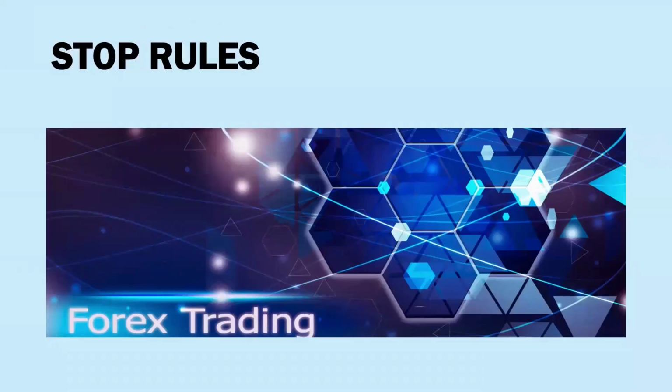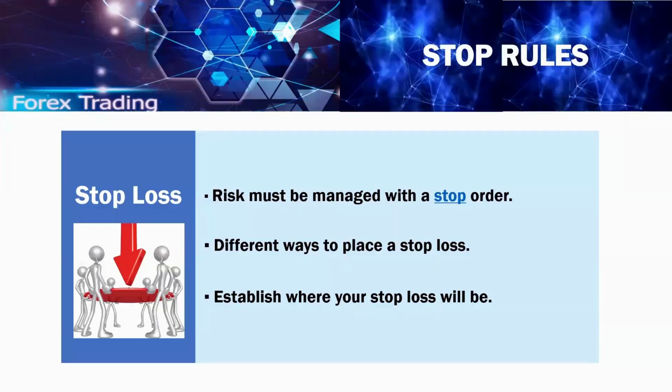Having the right conditions for entry and knowing your trade trigger isn't enough to produce a good trade. The risk of the trade must be managed with a stop order. It is like a safety net to ensure that you do not lose more than you should. There are different ways to place a stop loss.